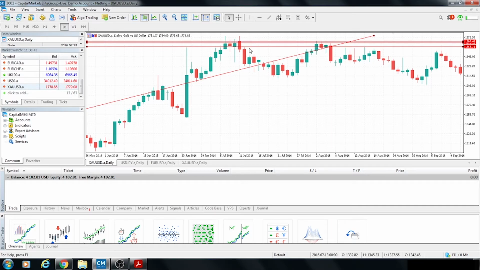So we've opened higher than the close of the previous session, in this case a day. And the close completely engulfs the previous body. So this bearish day engulfs the previous positive body.